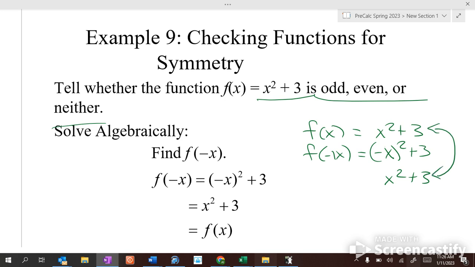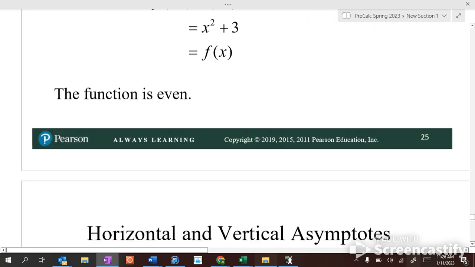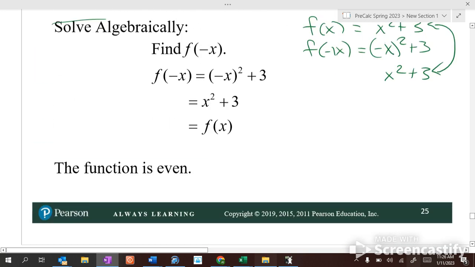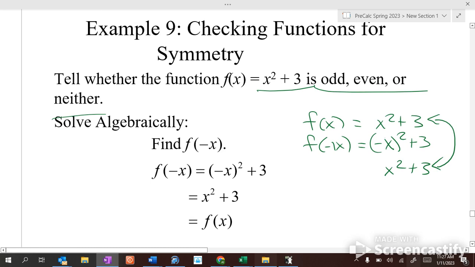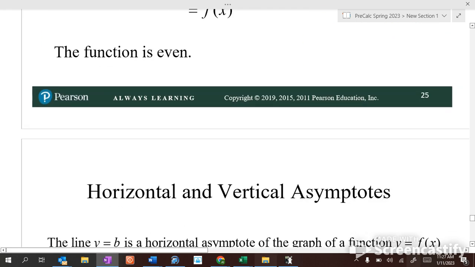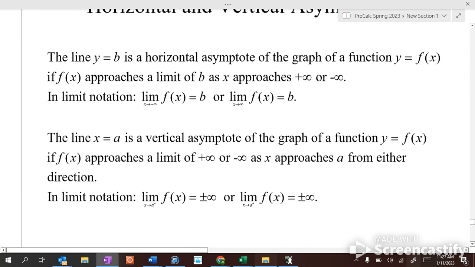If they match, it's an even function. If you put a negative x in for the x's and they match, it's an even function. If you put a negative x in and it becomes the absolute opposite of it, then it's an odd function. Otherwise, it's neither.